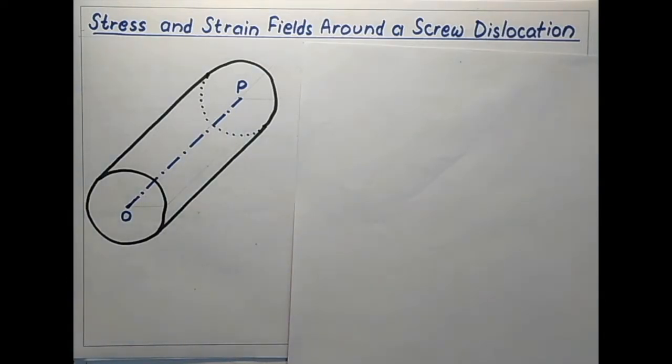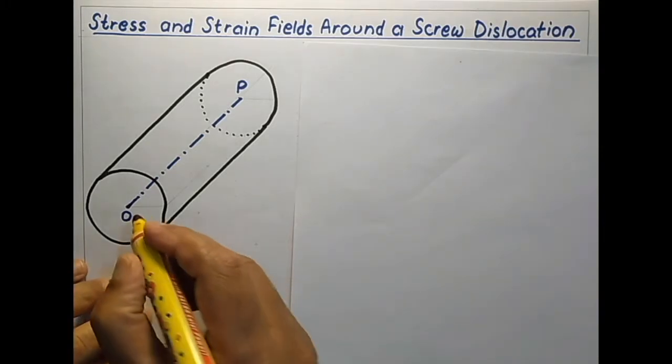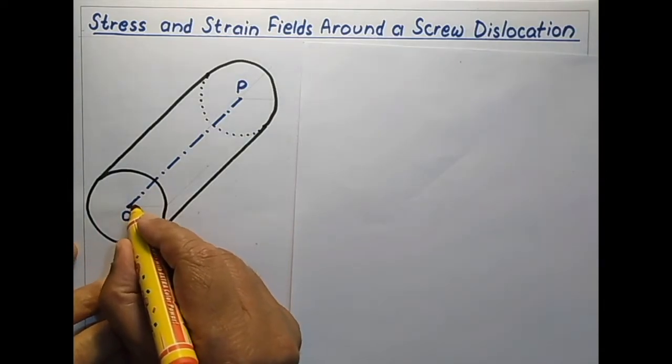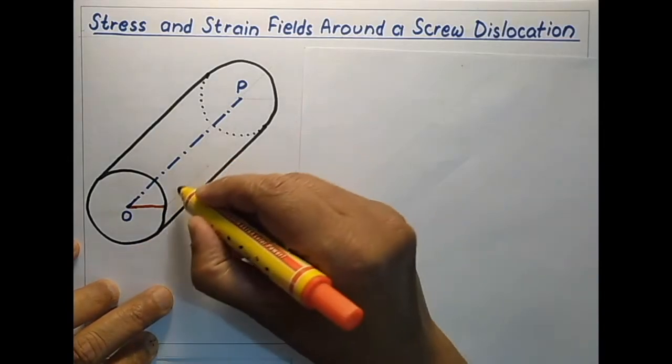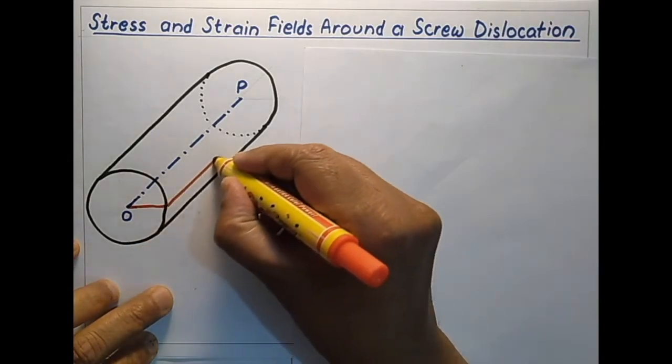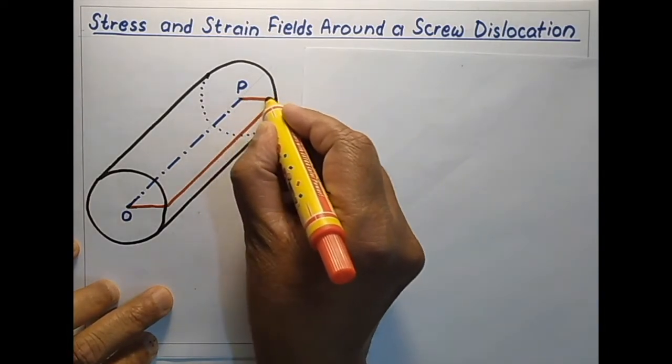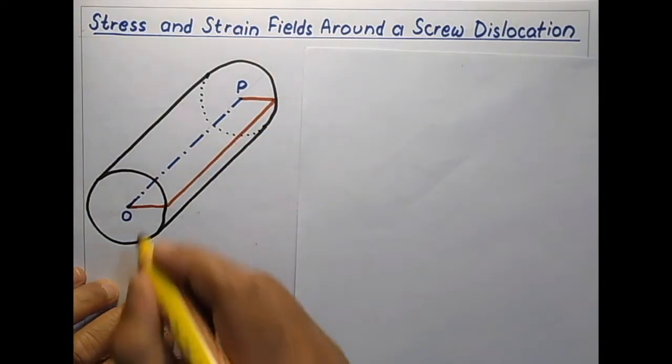Now I'll make a cut in this cylinder. This is a standard way of generating a screw dislocation in a material. So I make a planar cut, cutting along this horizontal plane.